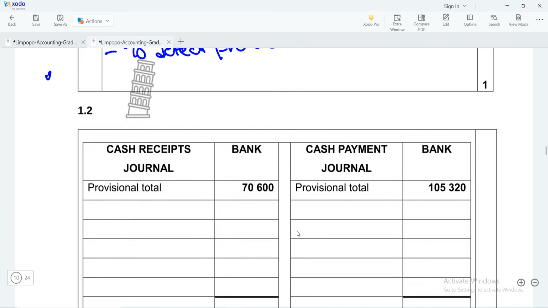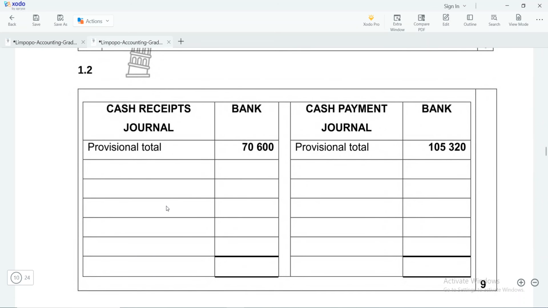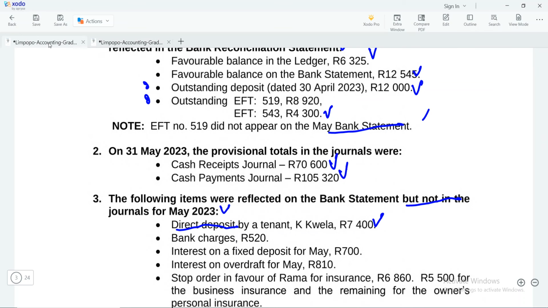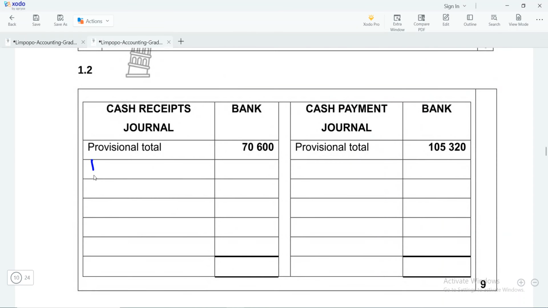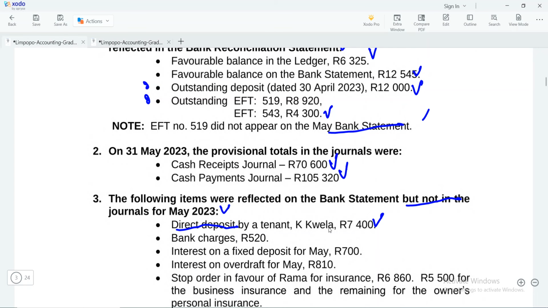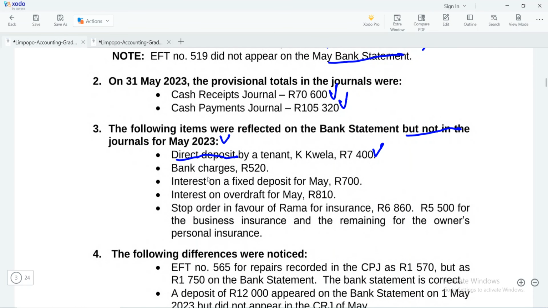That 7,400, I'll just write the name of the person there, or deposit. The person is K Quella, so I'll just write K Quella, and then write 7,400, and then from there we are done with that part. Next, we can go to the next adjustment. They are saying that bank charges were to the amount of 520.